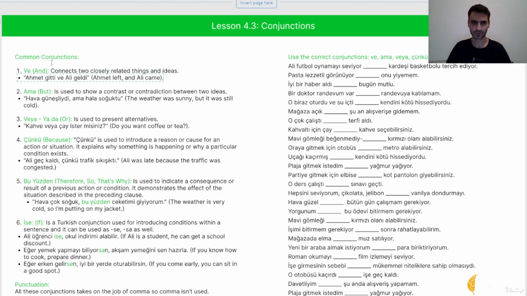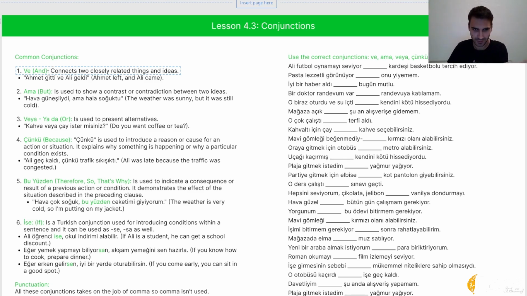Conjunctions. Common conjunctions. I am sorry if I'm pronouncing wrongly. I think I'm pronouncing wrongly, but it doesn't matter, because if you understand, it's right. Okay.